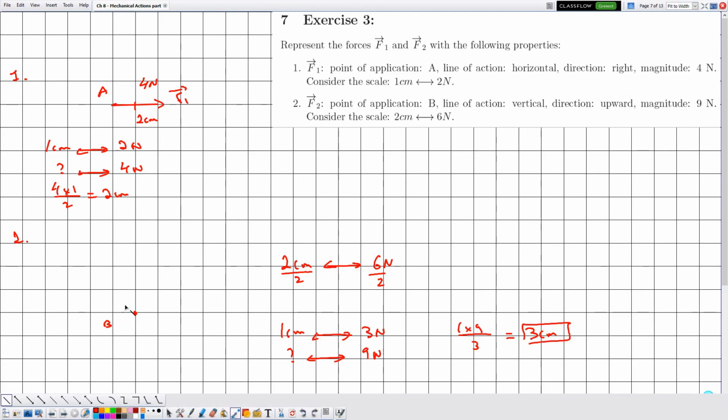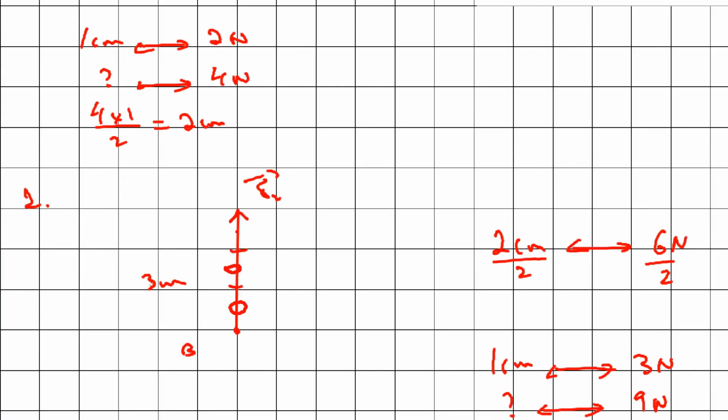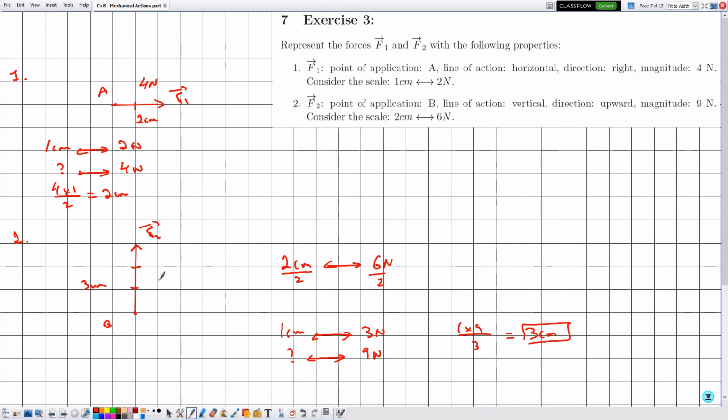Then at the point B, there will be the force F2 acting vertically upward. This is F2 acting vertically upward. The length of this vector is 3 centimeters. Notice that here each division corresponds to 1 centimeter. For this reason, I have placed a dash worth 9 newtons.